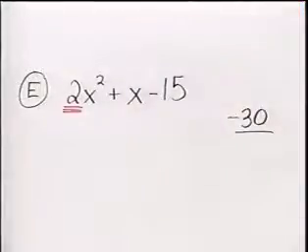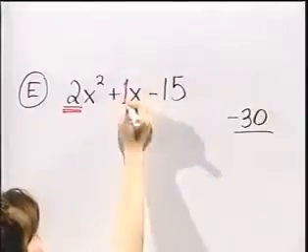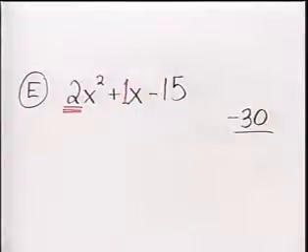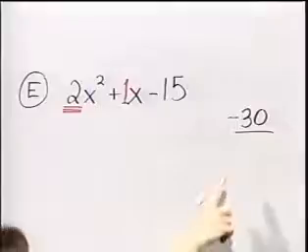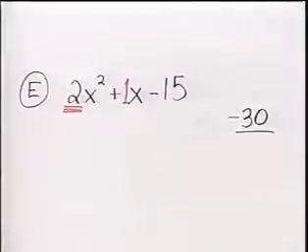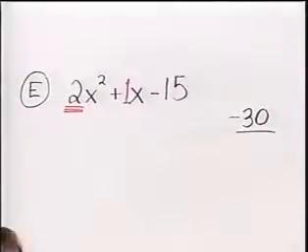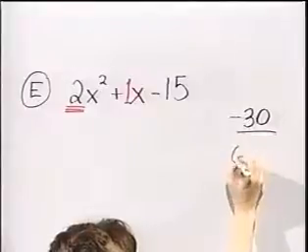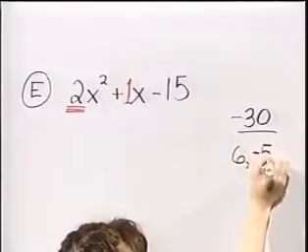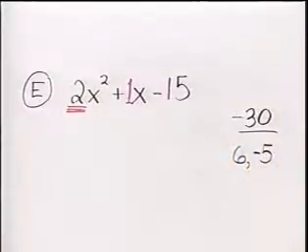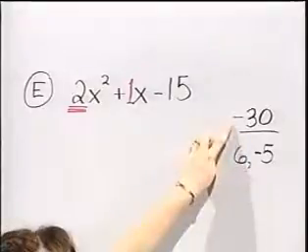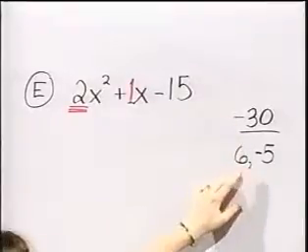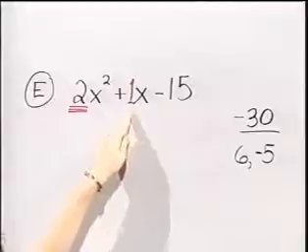So let me actually write that 1 in there just to remind us that there is a missing 1 right there, 1x. So you want 2 numbers that multiply to negative 30, but add to 1. And I think the pair 6 and negative 5 should do the trick. 6 times negative 5 is negative 30, and 6 plus negative 5 is positive 1.